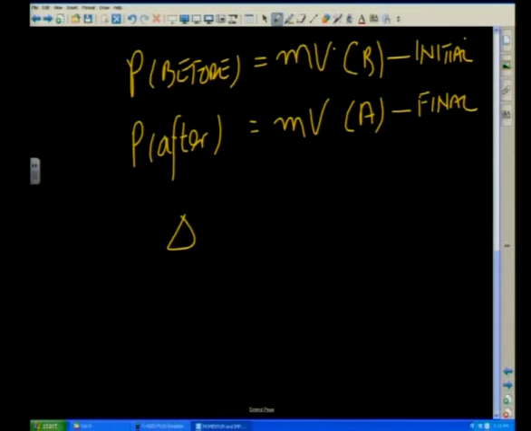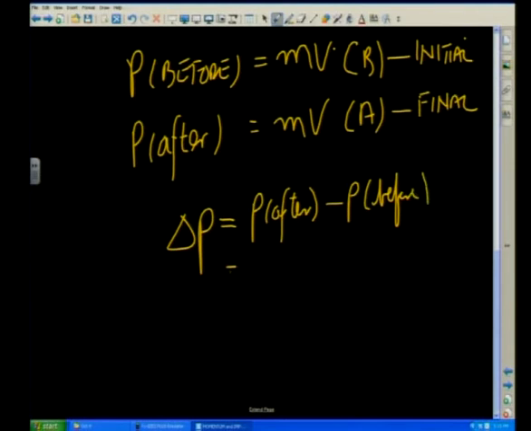My change in momentum, which is delta P, is always going to equal momentum after minus momentum before, okay? Which means it's going to be mv final minus mv initial.